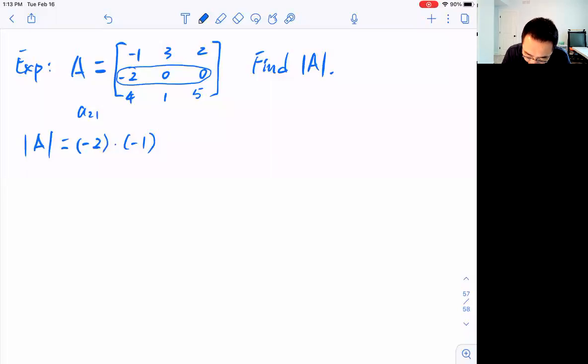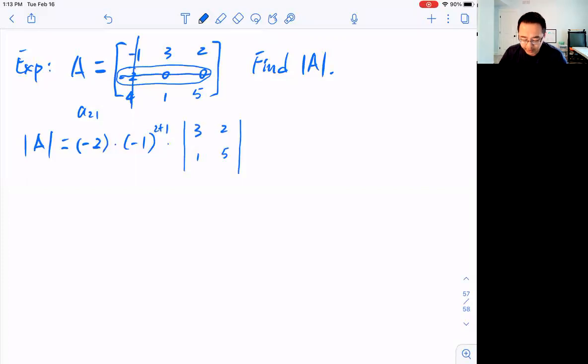Or if you want to be more specific, it's -2 times -1 raised to the 2 plus 1 power, and then times the determinant of this minor, which is the determinant of getting rid of the second row and the first column and seeing whatever you have left, which is 3, 2, 1, 5, right?